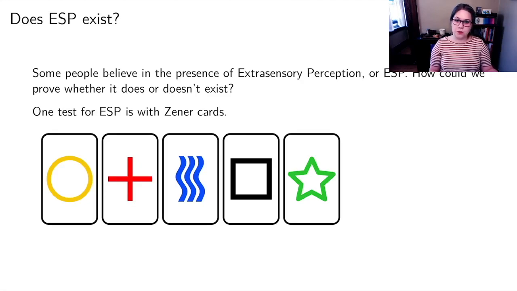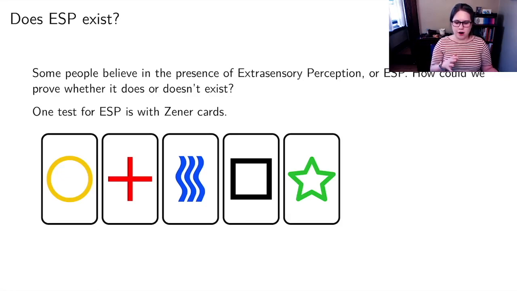There are people who believe that extrasensory perception exists. Basically, people can read minds or talk without speaking and communicate in that way. It's not clear whether ESP does or doesn't exist. There's this test for ESP that uses Zener cards, and I pulled this picture off of Wikipedia.